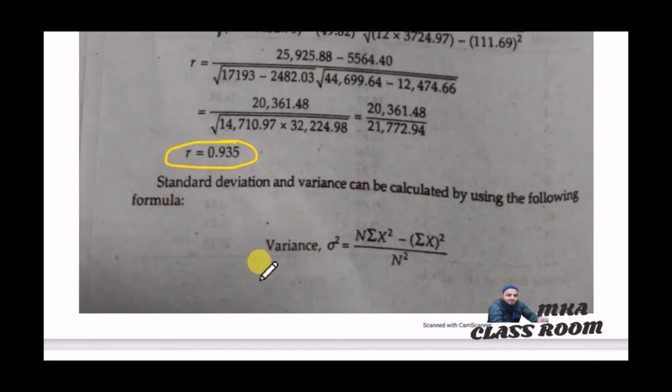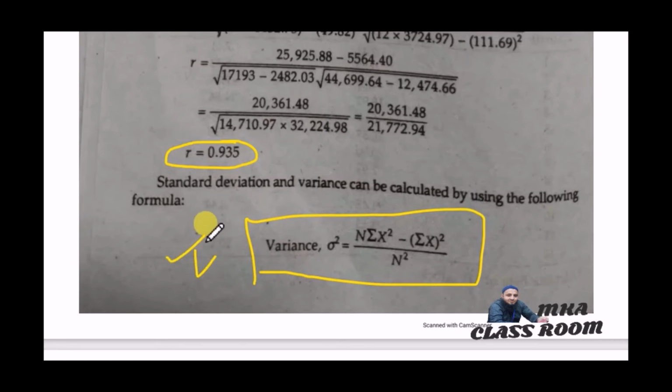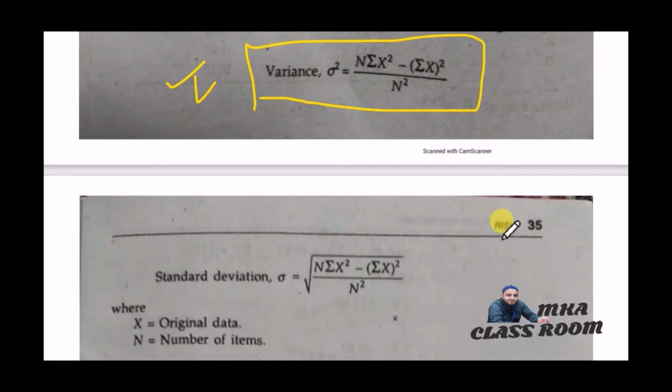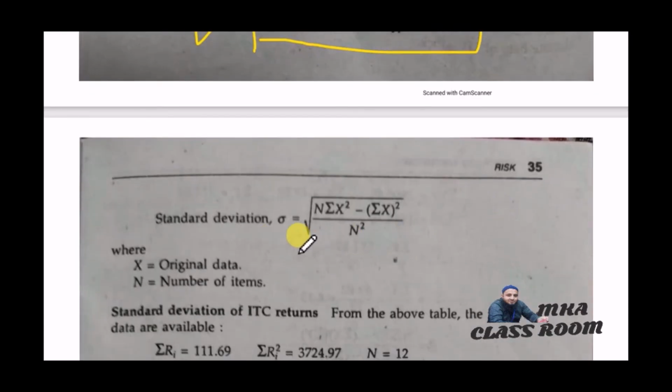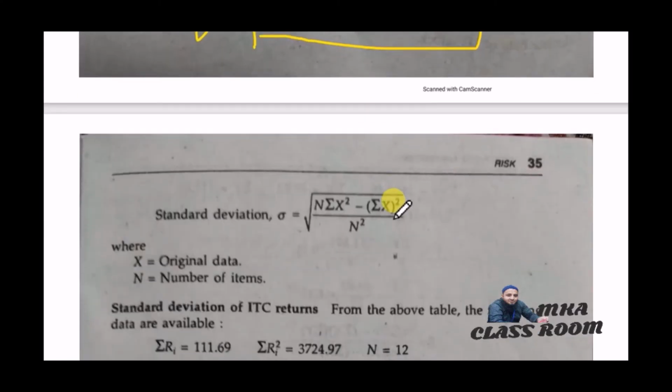So here is the variance formula. Variance, standard deviation whole square, n into summation x whole square minus summation x whole square and n square. So standard deviation obviously is root over the variance.